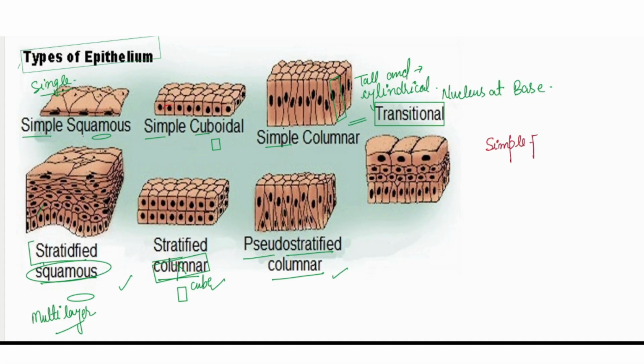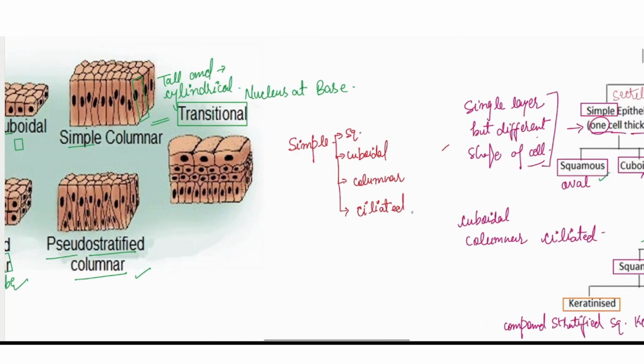In the simple epithelium we have seen the simple squamous, the simple cuboidal, the columnar, then the simple columnar ciliated, or maybe cuboidal ciliated, and maybe the pseudo stratified, and the last one, the glandular epithelium.